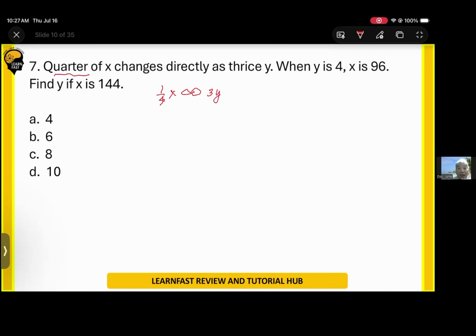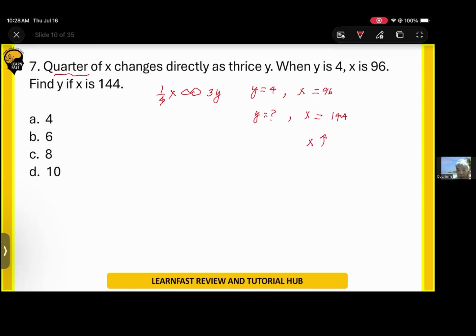And then here are the conditions. When y equals 4, it is stated that x equals 96. And then we are asked, what is the value of y when x assumes a value of 144? We observe here that x increases, from 96 it becomes 144.